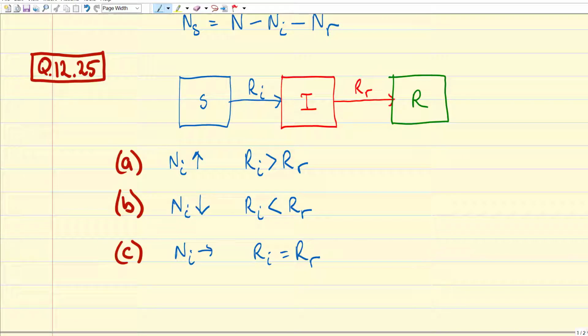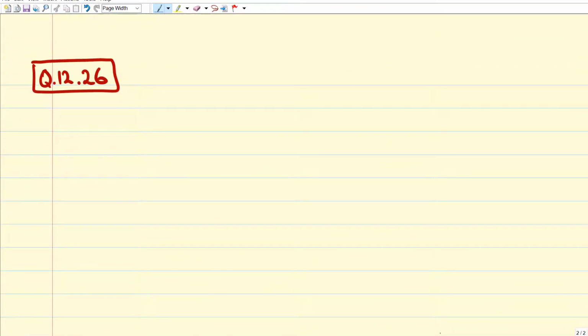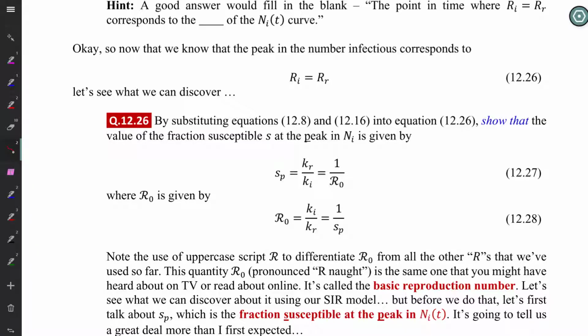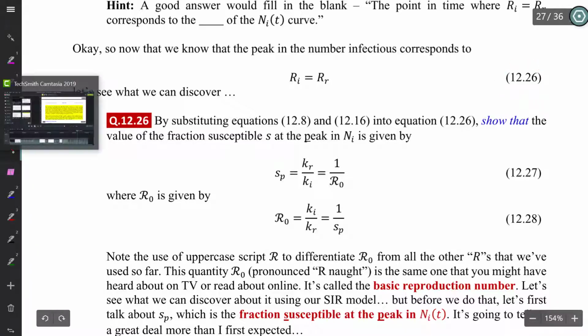So go down here, and we've got question 26, and we're going to start with Ri equals Rr, and then it said substitute in the equations. You should always look them up. I did that, and here they are. I should label that, shouldn't I? That was equation 12.26, I've forgotten now, so I have to look it up.